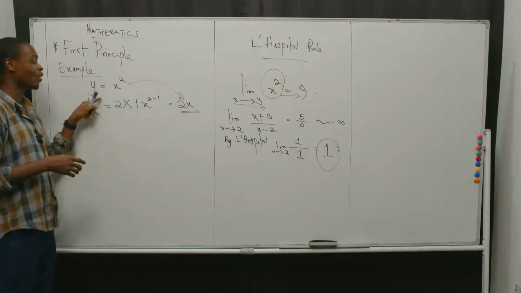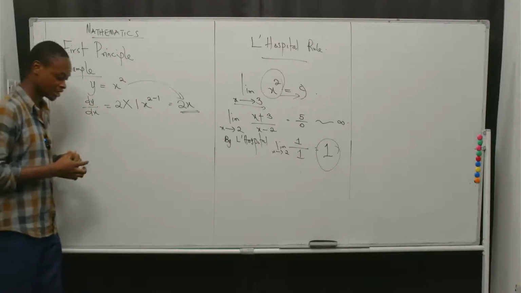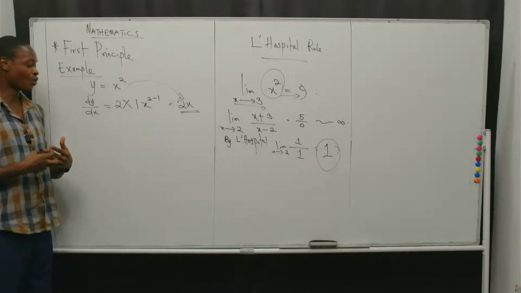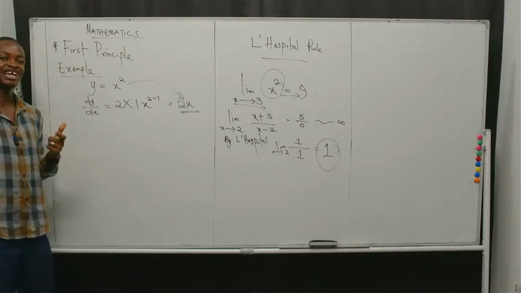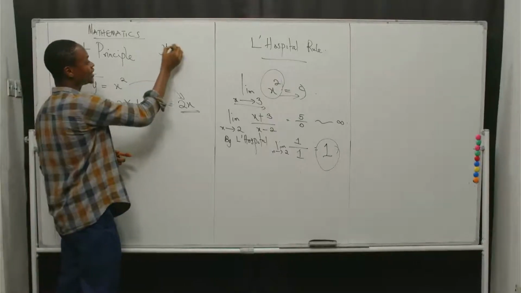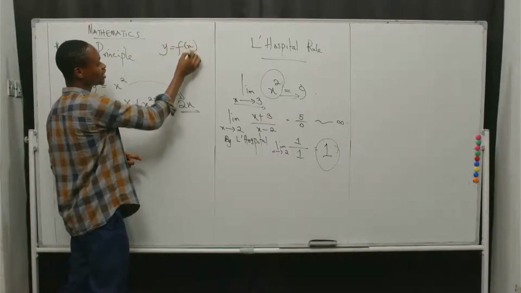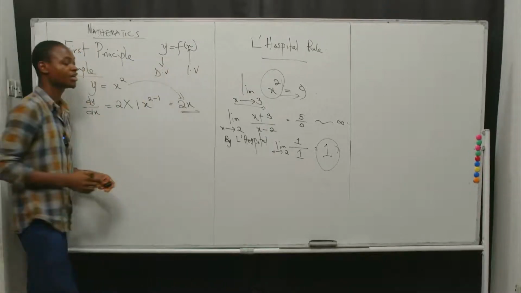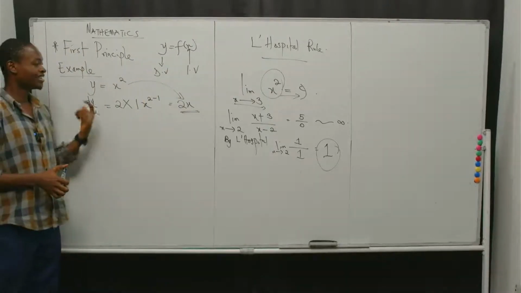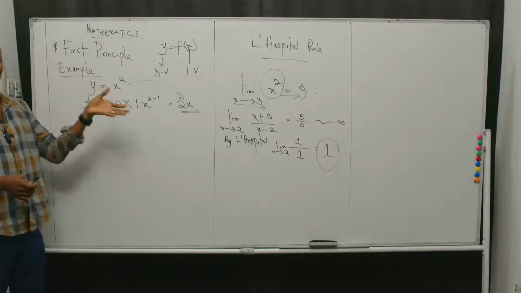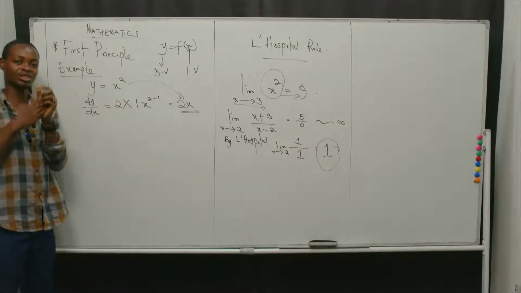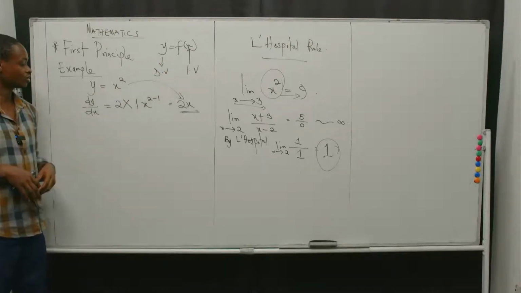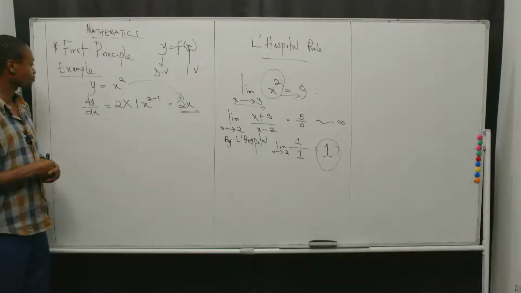So we say differentiate y with respect to x, which means the change happens in x and it causes an increase in y. x is the independent variable, whereby y is the dependent variable. So that is the full nature of differentiation: the change in the dependent variable, with respect to the independent variable, caused by that independent variable.